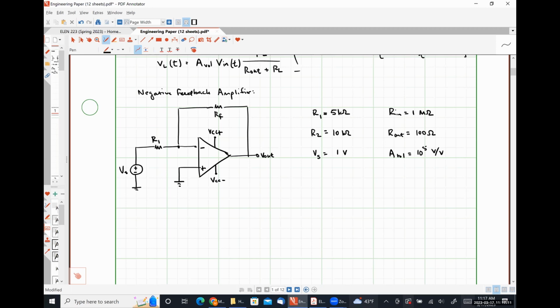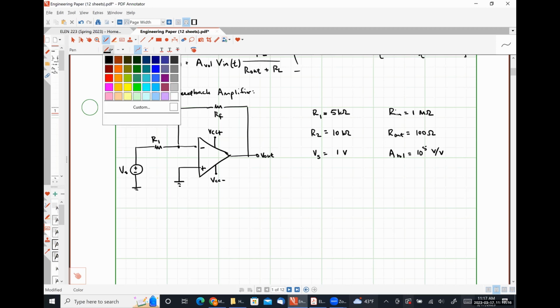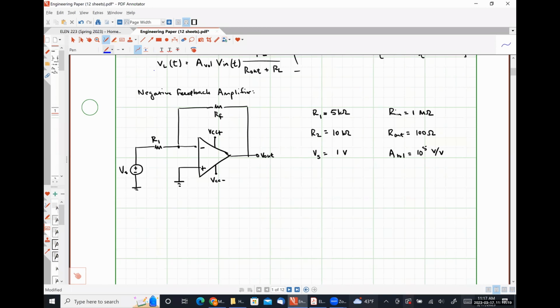We're going to determine the following quantities. So I want us to figure out A, the output voltage of our system, B, the closed loop voltage gain of our system, C, the input resistance seen by our input signal.